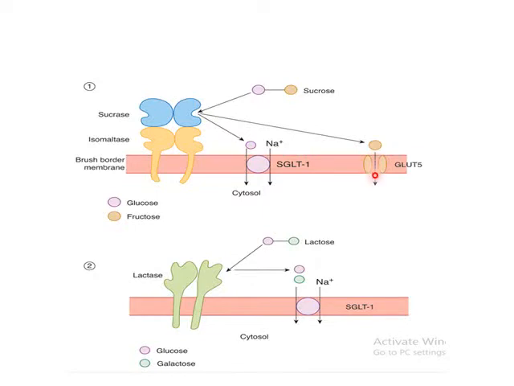Fructose is transported by facilitated diffusion by GLUT5 present in the apical membrane of the microvilli of the small intestine into the enterocytes, and from there fructose is transported out of the enterocytes by GLUT2 present on the basolateral membrane of the intestinal mucosal cells.